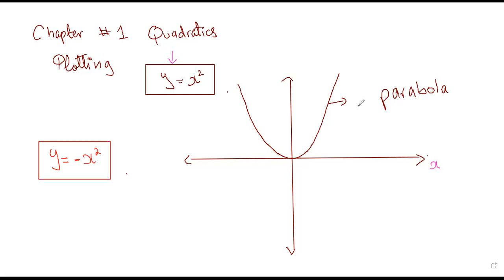This one was for y equals x square. When we have minus, it means that everything would be inverted. So we will have this shape of a parabola. Everything should be the same, only the graph should be inverted, this type of a graph. And this is touching the origin, that is the 0, 0 point. Anything that you have not understood?